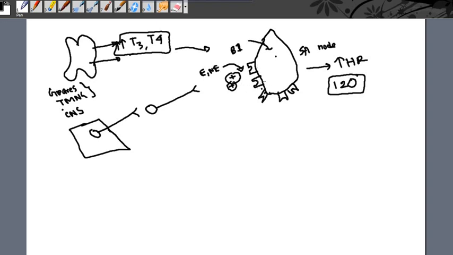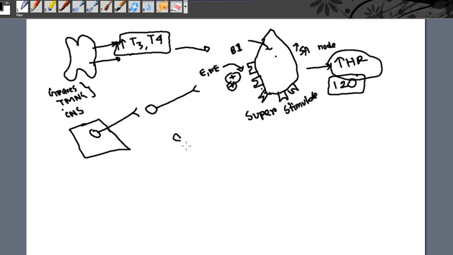So this SA node is super stimulated or very highly stimulated. Now endogenous norepinephrine and epinephrine will stimulate this high concentration of beta 1 receptor, leading to excessive activation of this SA node. So the spontaneous depolarization of the SA node will go high.